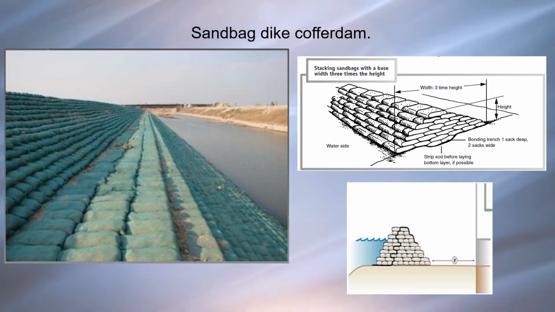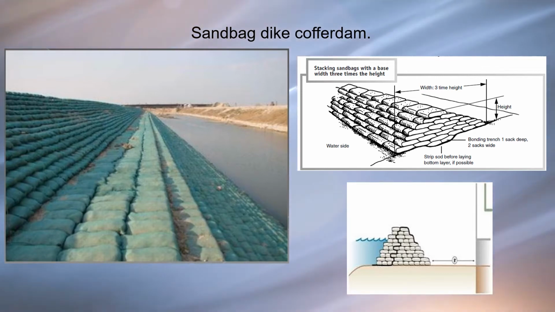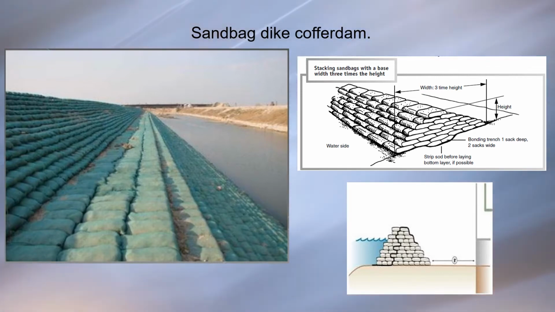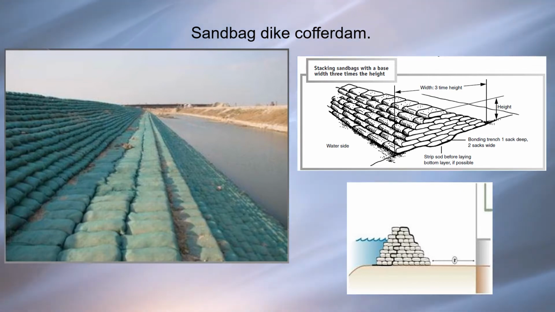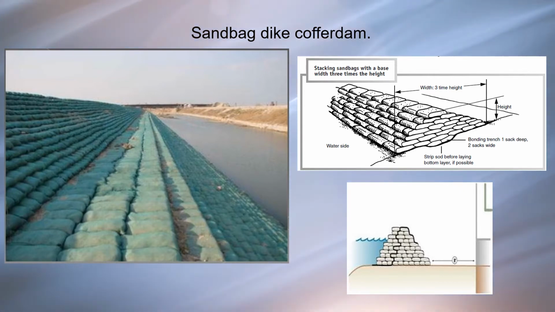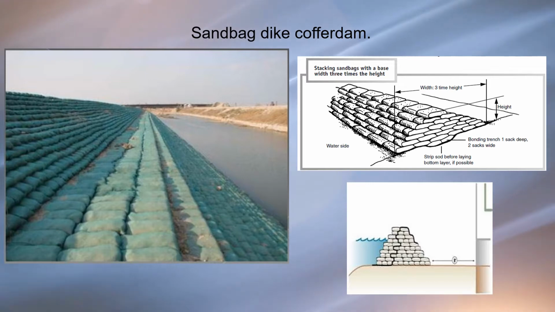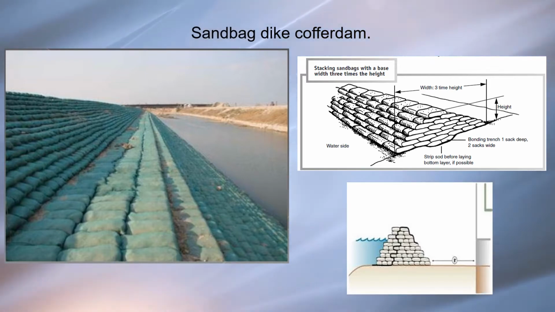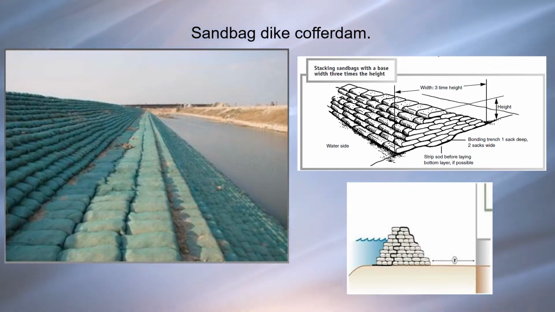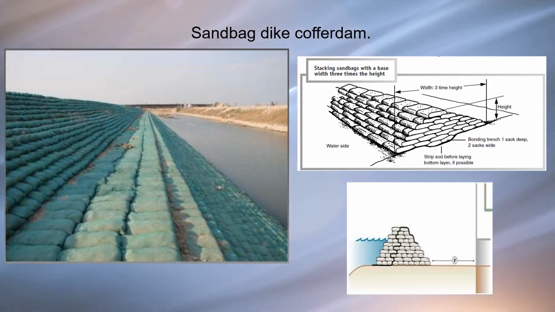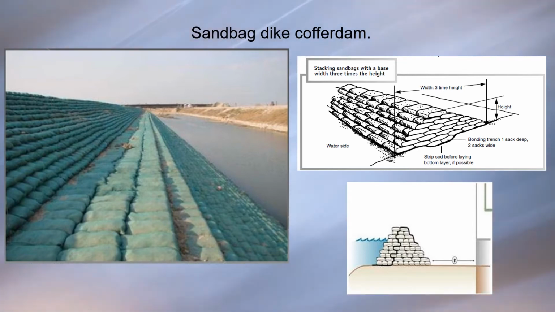Sandbag dike cofferdam. This type of cofferdam is useful if the depth of water is small. Cement bags are partially filled with a mixture of sand and clay and systematically laid around the area in courses.